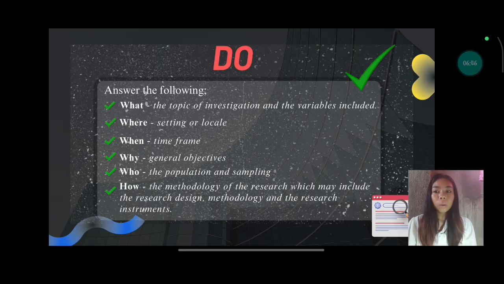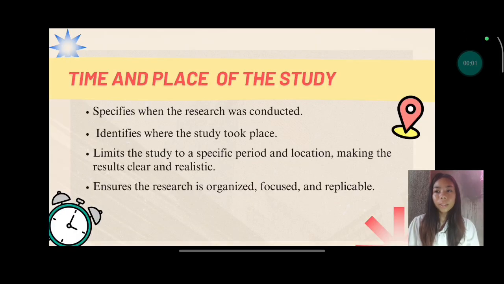And now, we proceed to the time and place of the study. So, time and place of the study. First, it specifies when the research was conducted. Meaning, state the exact period when the study was conducted, for example, the academic year, semester, or months, to avoid confusion.